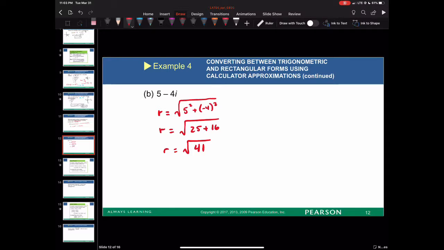So now, let's find theta. So we got the tangent of theta is equal to negative 4 over 5. So we need to do the tan inverse of negative 4 over 5. When we do that, make sure your calculator is in degree mode so you can get the correct answer.